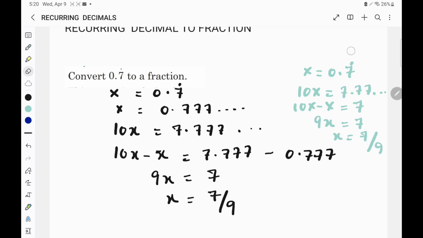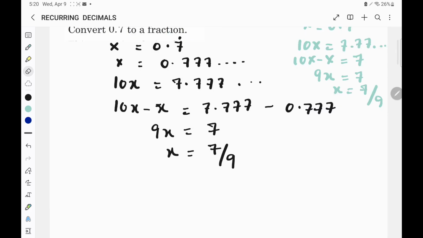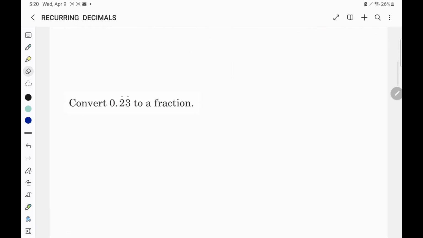Okay, now the next question: convert 0.23 recurring. It means 232323 is repeating again and again. Let x equal 0.2323. Here we see two place recursion, so you multiply by 100. In the previous question it was 0.7 only, so you multiplied by 10.